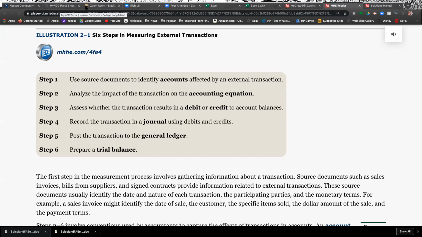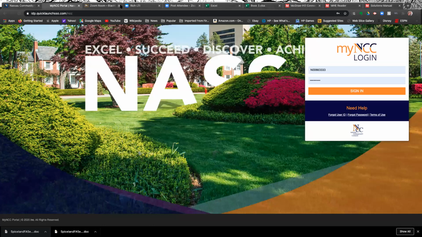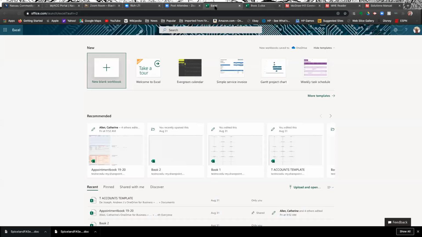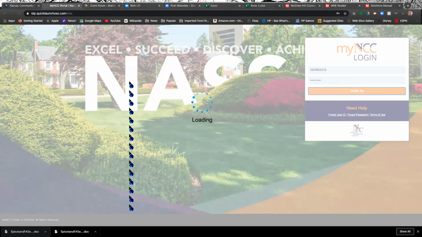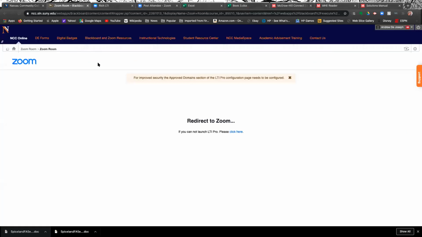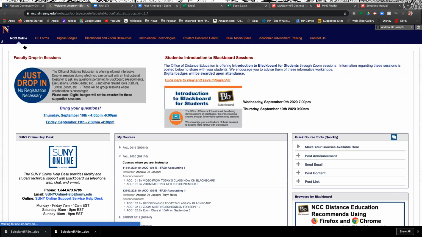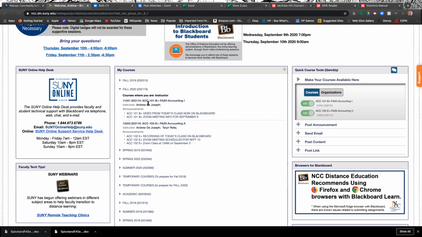What I did was I changed the page a little bit. I made a folder for each chapter. So this will be in the chapter 2 folder.